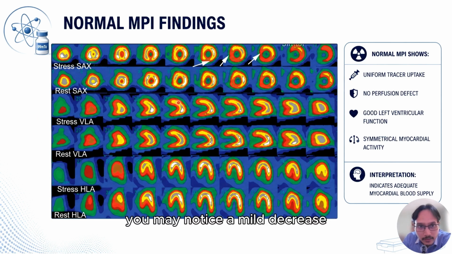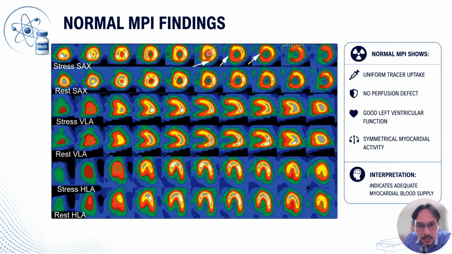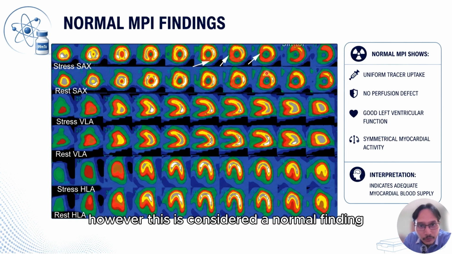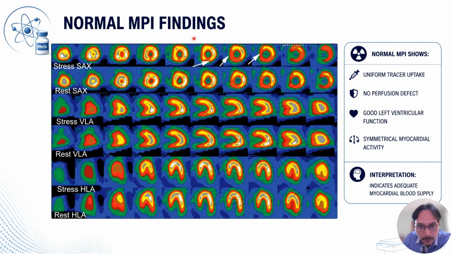You may notice a mild decrease in tracer uptake in the basal inferior wall and septum. However, this is considered a normal finding and is related to the presence of the membranous septum rather than true pathology.